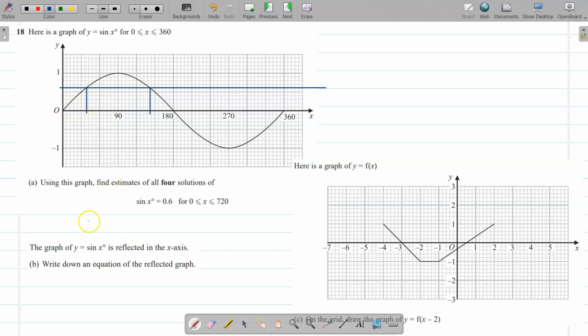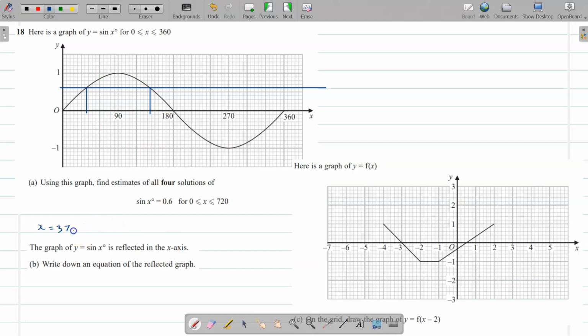So I'm just going to put 37, and the next one should be 180 minus 37, because it's symmetrical here and here, you see. This is like the line of symmetry at 90 degrees.